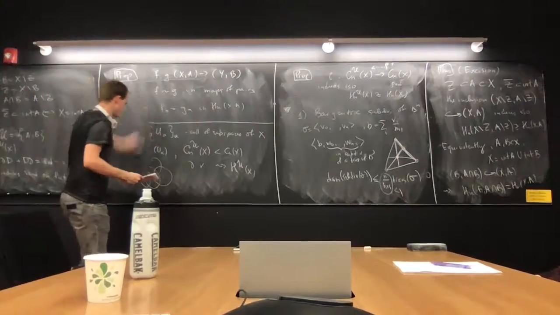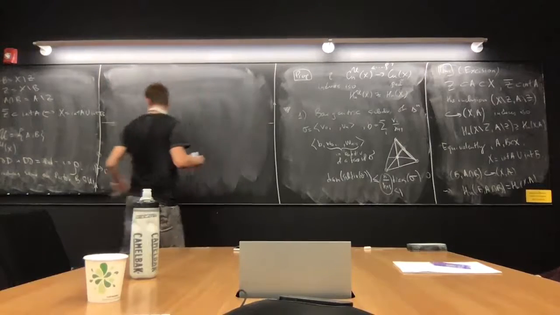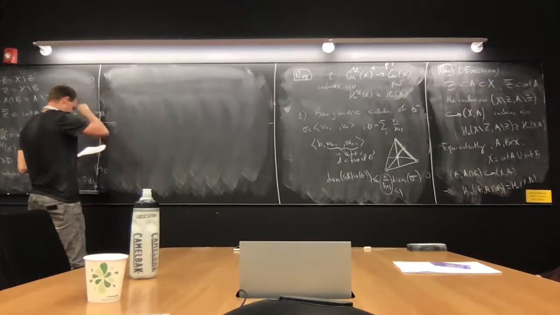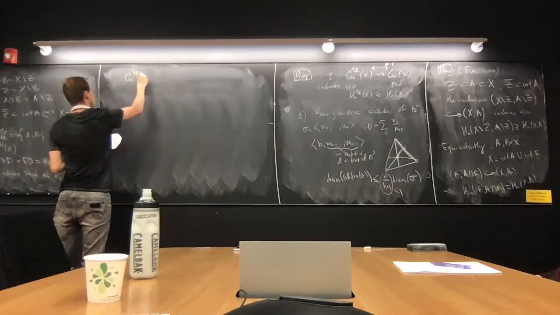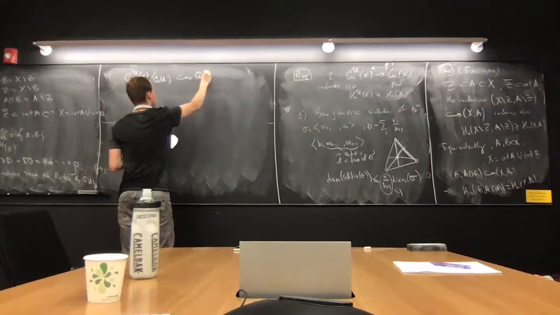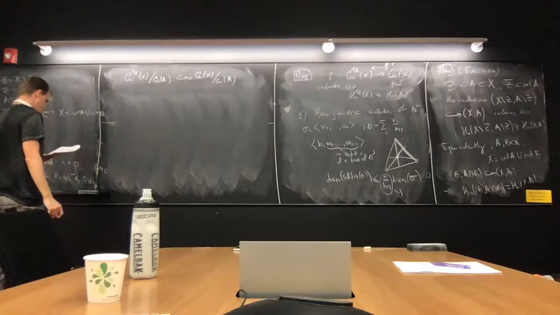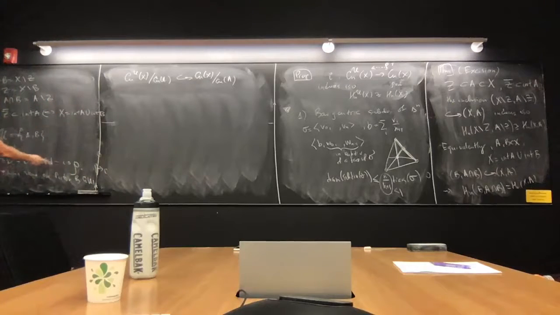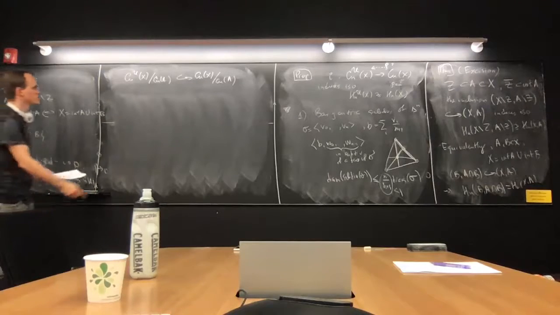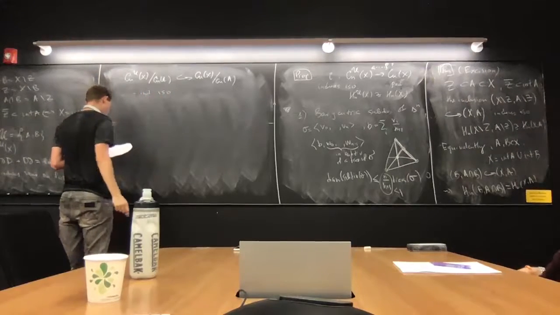Okay. So what will that give us? We have the inclusion C_n^U of X by C_n of A, well, the U is redundant here, C_n of X by C_n of A. We have this inclusion. And this inclusion satisfies the same identity with some rho. So therefore, this also induces isomorphisms in homology.